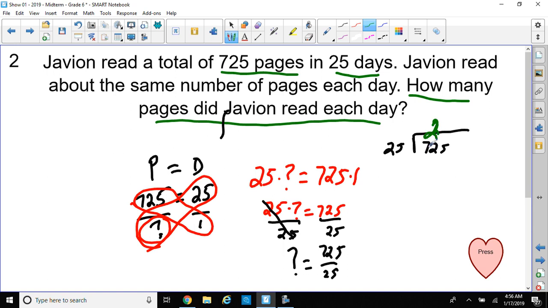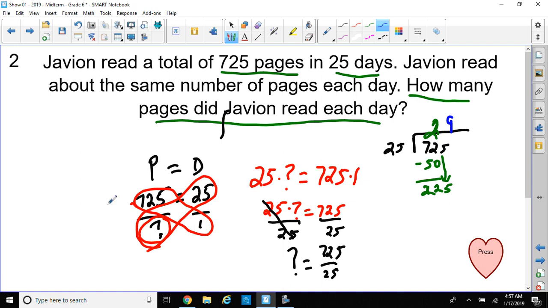25 times 2 is 50, and 72 minus 50 is 22. I'm going to bring down the 5. 25 goes into 225. Think about 9 times.